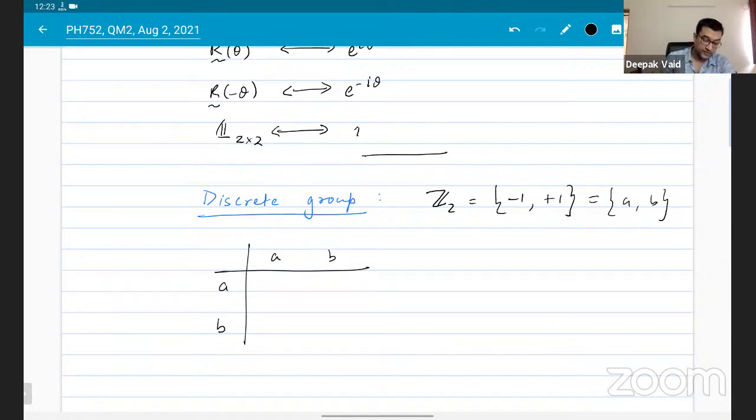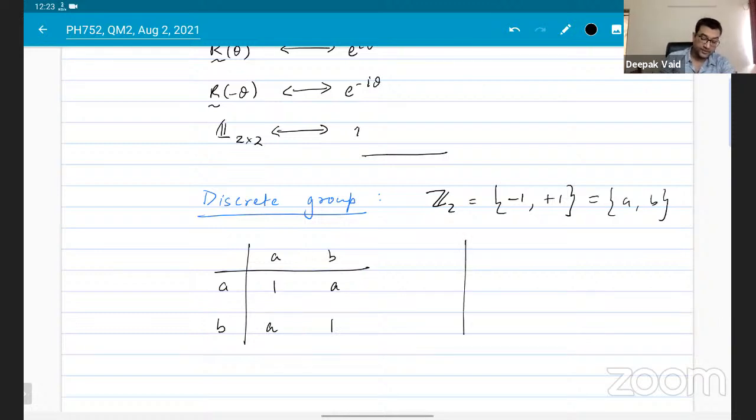So this is the group multiplication. AB is equal to A, BA is equal to A, and BB is equal to 1. This is the group multiplication, right?